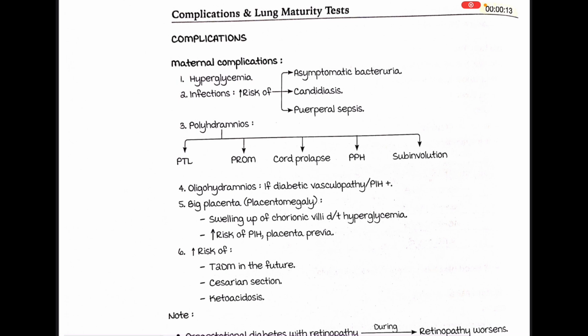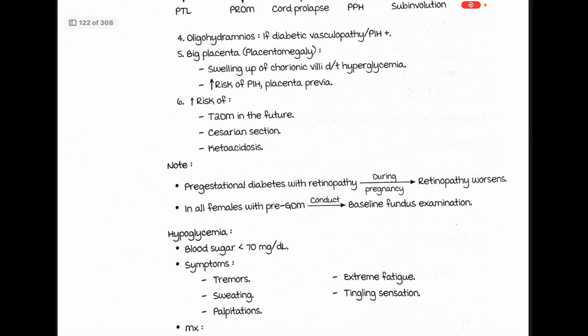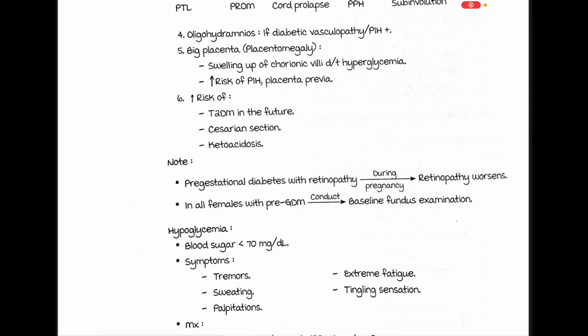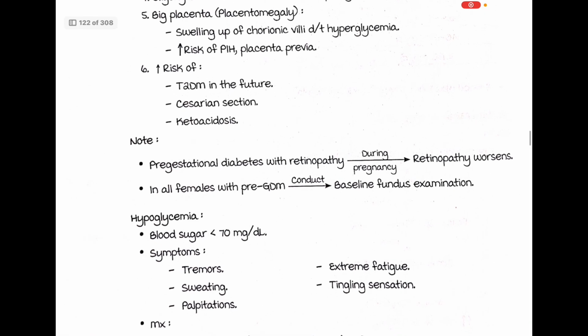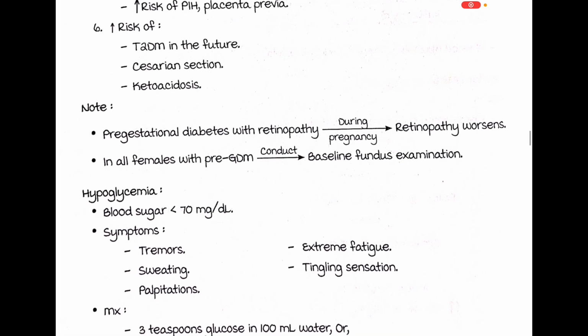Also increased risk of type 2 diabetes mellitus in future, cesarean section and ketoacidosis. Note: in pre-gestational diabetes with retinopathy, retinopathy worsens during pregnancy. In all females with pre-gestational diabetes, conduct a baseline fundal examination.